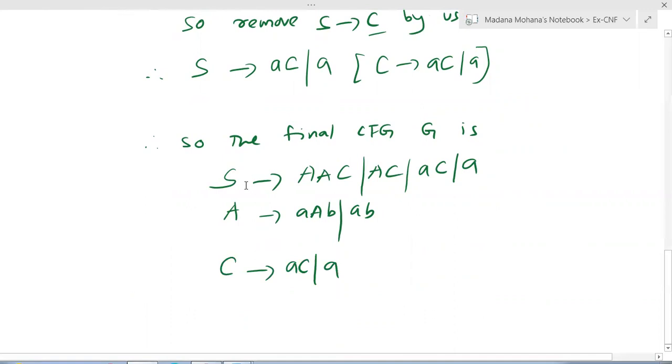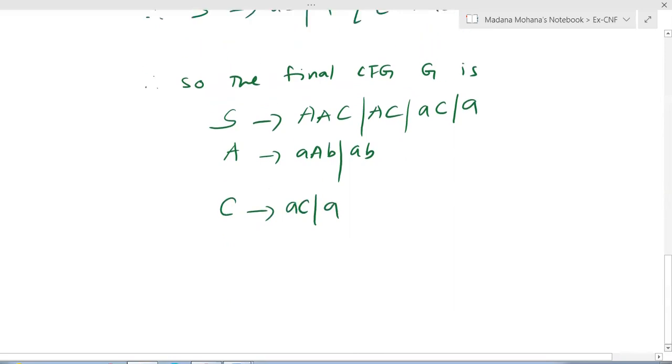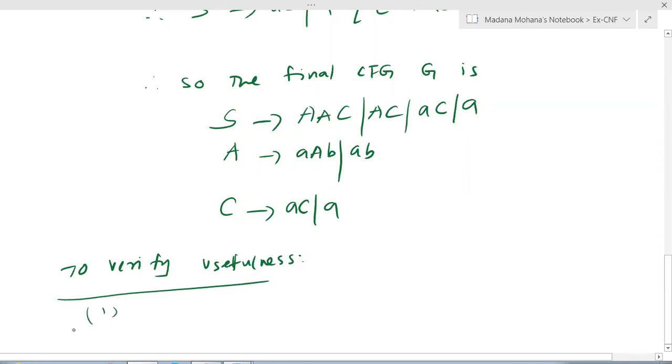Now what you have to do, check for useless symbols and useless productions. To verify usefulness, the first condition is that all variables must derive a terminal string. That condition you can verify. Now you can see S derives A, directly we have a terminal.